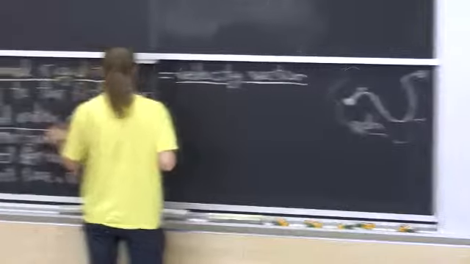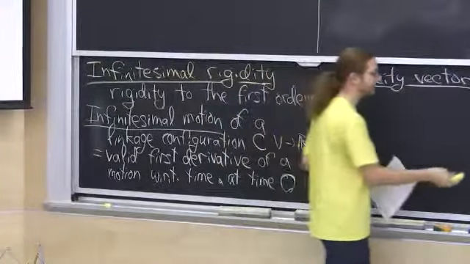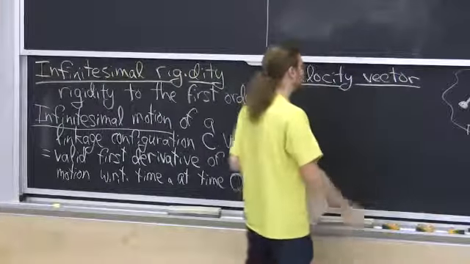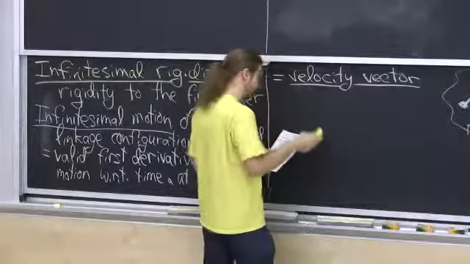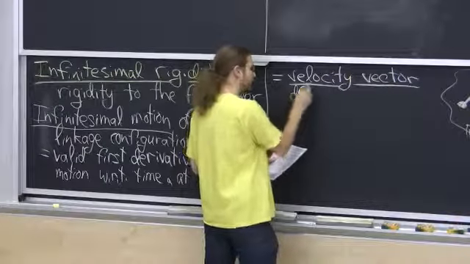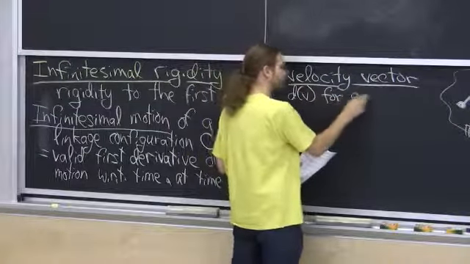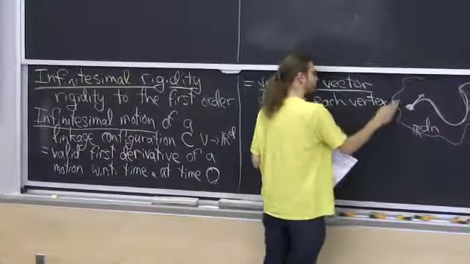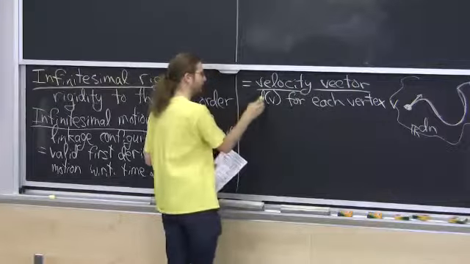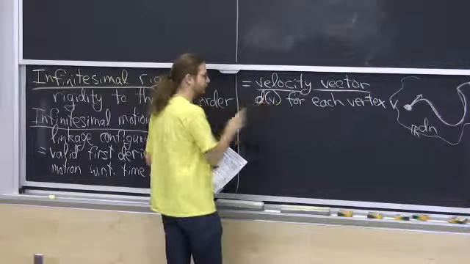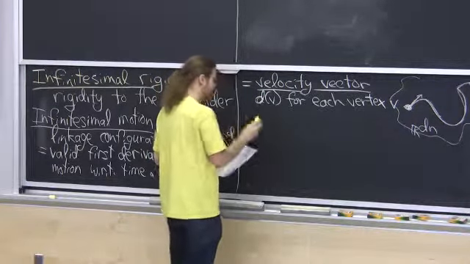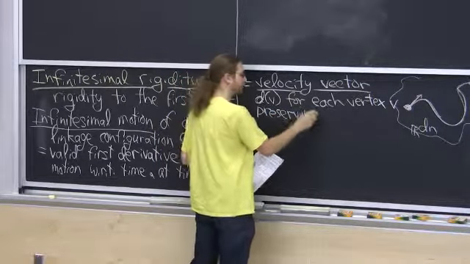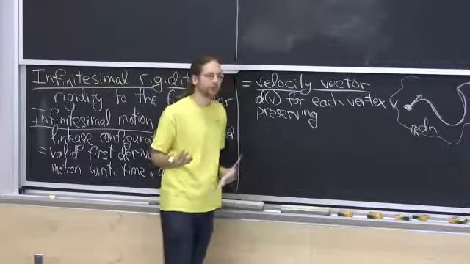So another way to think of an infinitesimal motion is, instead of saying how each vertex moves in d dimensions, you just give a velocity vector for each vertex. So for every vertex v, we're going to give some velocity vector d of v, that's direction or derivative of v. And with motions, we were supposed to preserve edge lengths.